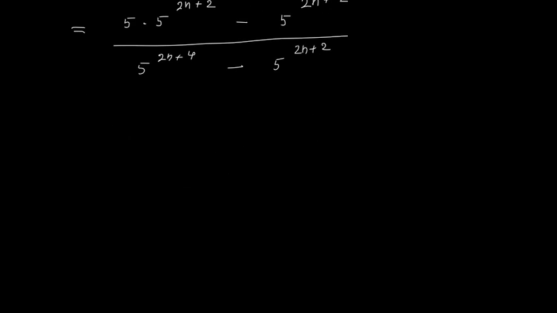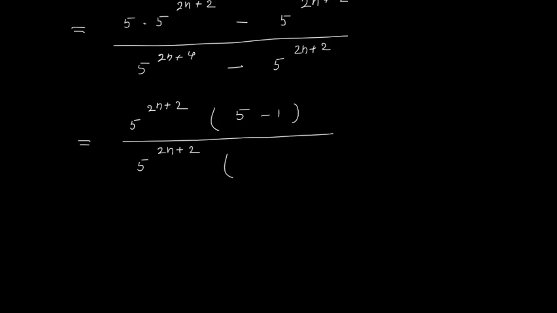Now this 5^(2n+2) is common everywhere. So that 5^(2n+2) we can take common from the numerator. So in the numerator here I have 5 minus 1, whole divided by 5^(2n+2) I will take common.